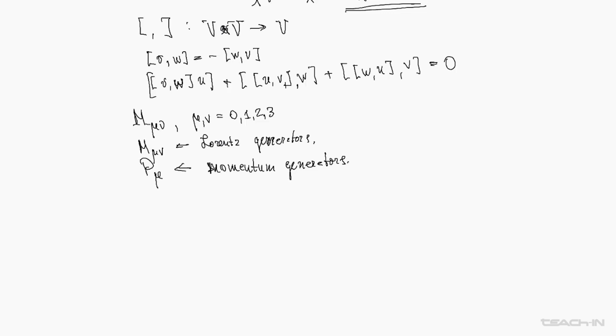Now, the Lie algebra relations between these generators, which make up the Lie algebra of the Poincare group, are given by the following commutation relations.